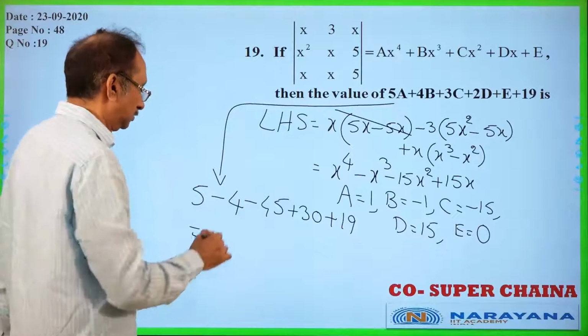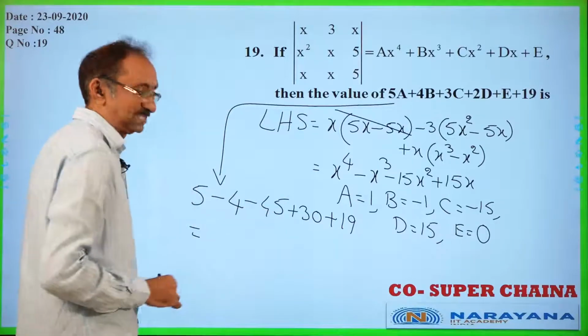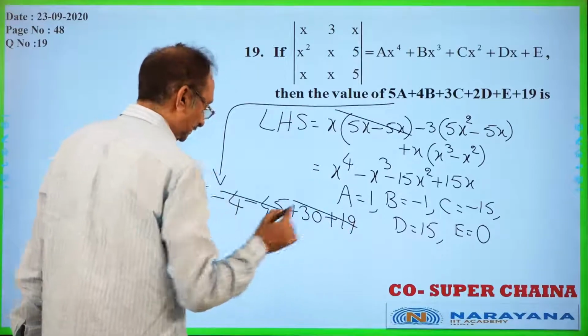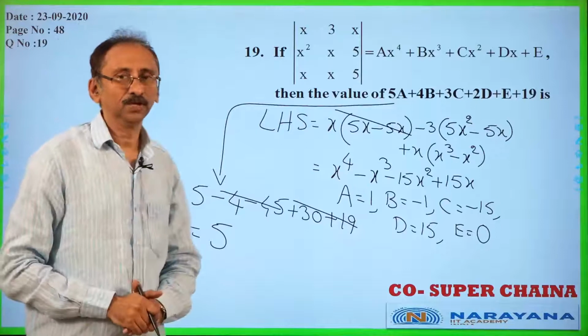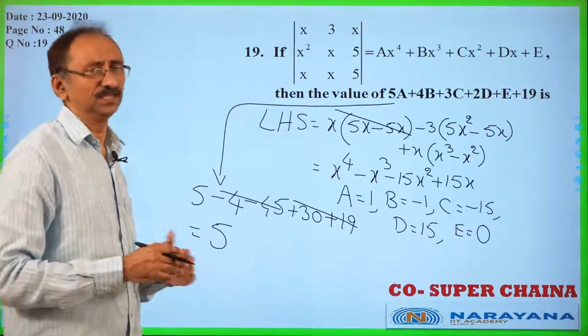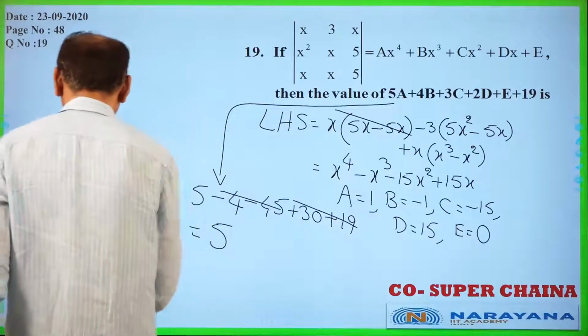And what is this value? This is minus 49 and this is also plus 49. So these two will be cancelled. The answer is 5. Okay. So simply by expanding the determinant you will get the answer. Right. We move to the next question.